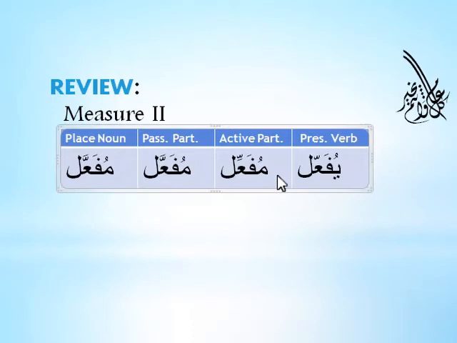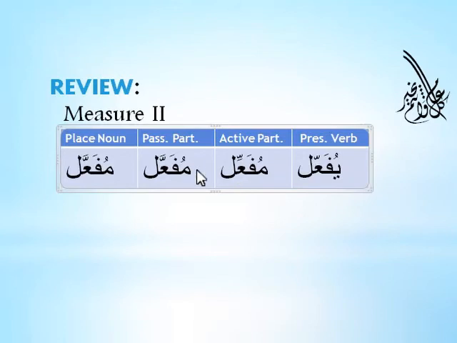Now, if you remember, for the active participle, all we did was chop off the first letter, the conjugation letter, basically, and put a mu in there. So yufa'il became mufa'il. Mufa'il was the doer. That was pretty simple. Then for the passive participle, all we did was switch this kasra to a fatha, which is not written and is somewhat hard to hear.